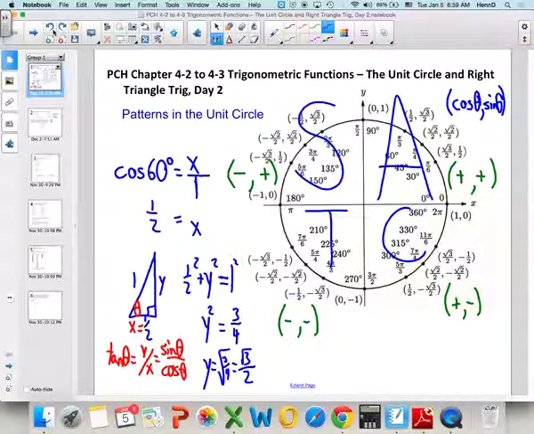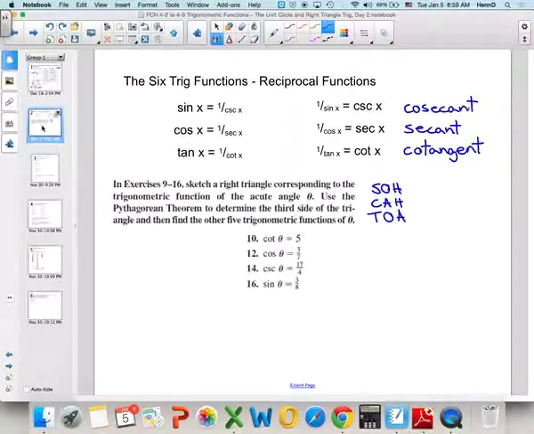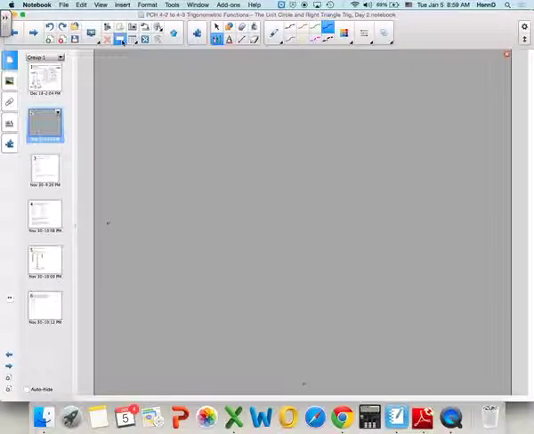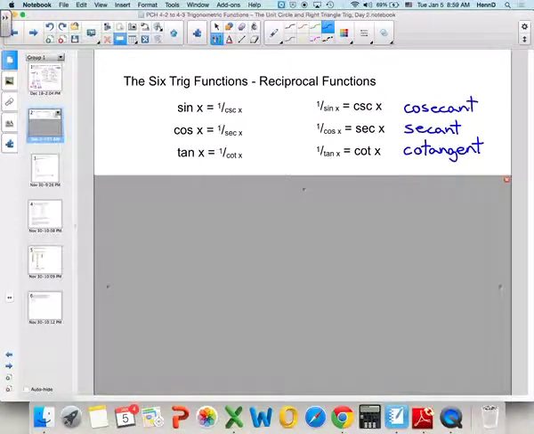This is where we actually get the other three key trig functions.